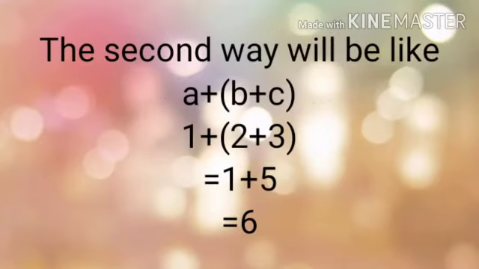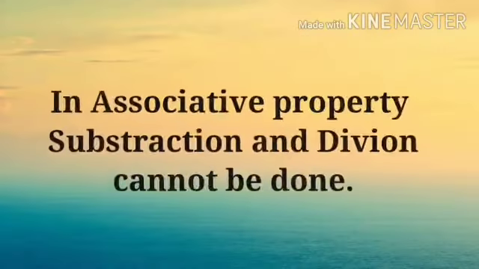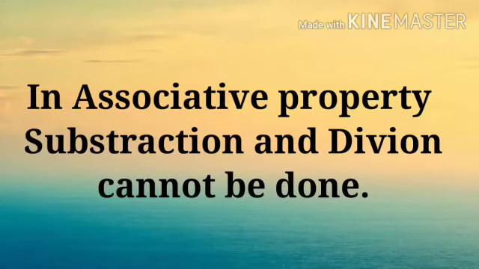The second way will be a plus (b plus c) as 1 plus (2 plus 3). As there is a bracket, we will add 2 and 3. We got number 5, and we add it with 1 and we got the number 6. Now both the answers are the same. In associative property, subtraction and division cannot be done.